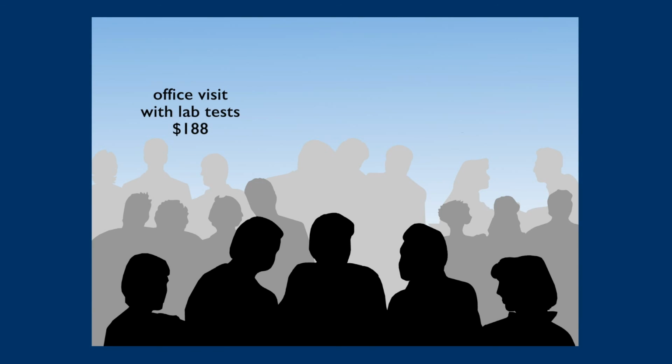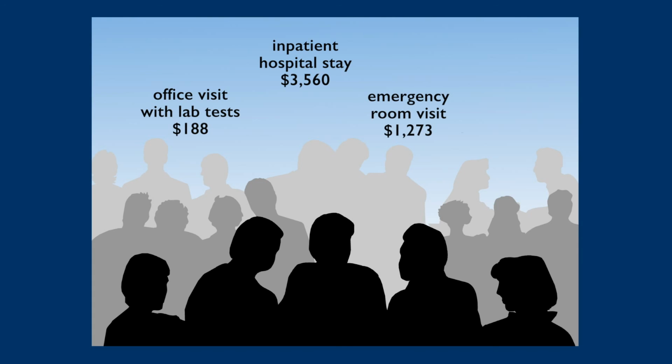The same principle holds true when it comes to increases in health insurance. A group of people that are insured under the same health insurance plan require different medical services, all at varying prices. For example, $188 for an office visit with lab tests, $3,560 for an inpatient hospital stay for a newborn after delivery, $1,273 for an emergency room visit, $225 for a 30-day brand name prescription, and so on.